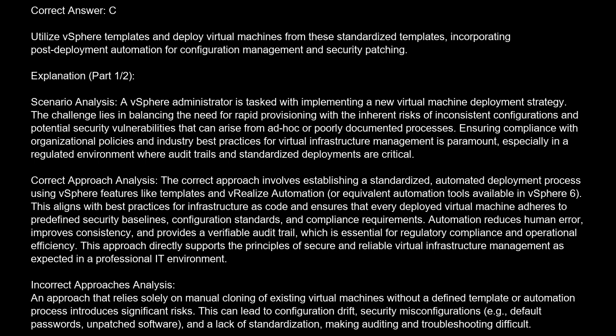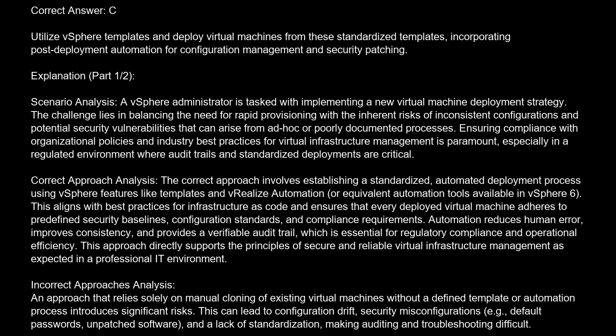Correct approach analysis. The correct approach involves establishing a standardized, automated deployment process using vSphere features like templates and vRealize Automation, or equivalent automation tools available in vSphere 6. This aligns with best practices for infrastructure as code and ensures that every deployed virtual machine adheres to predefined security baselines, configuration standards, and compliance requirements.